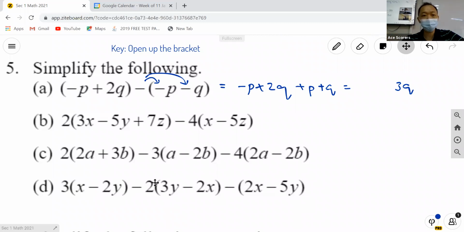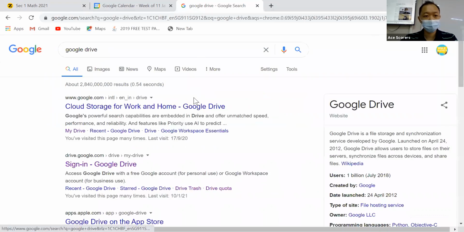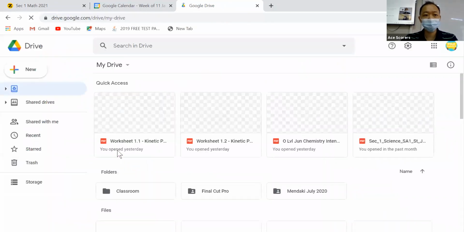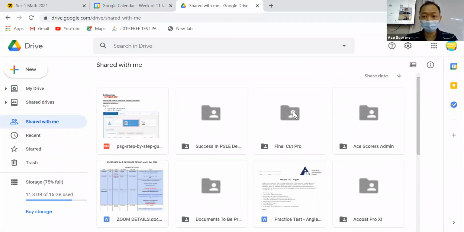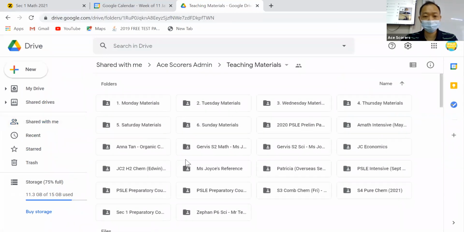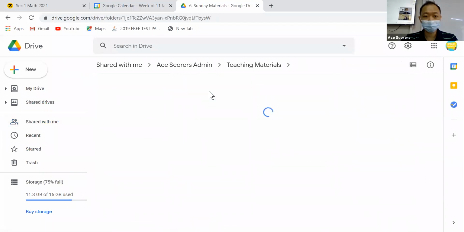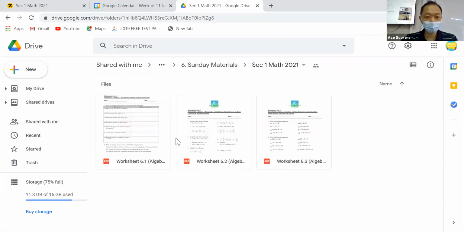Let me see if it's up there already. Okay, so you see some of them are here already. Can you see the screen? So for the rest of the material, it will be uploaded here. Okay. All right.